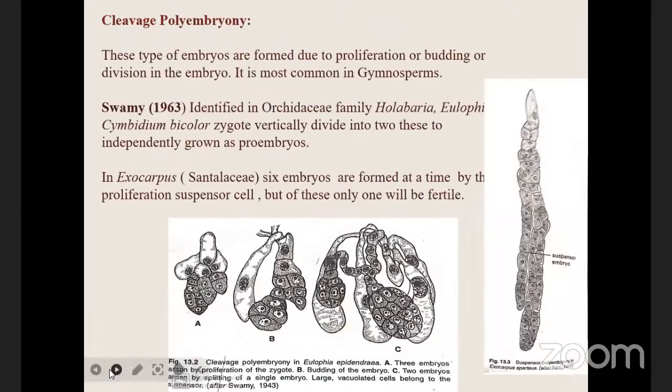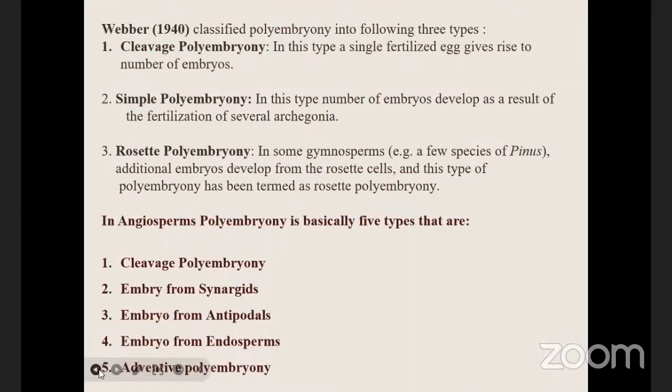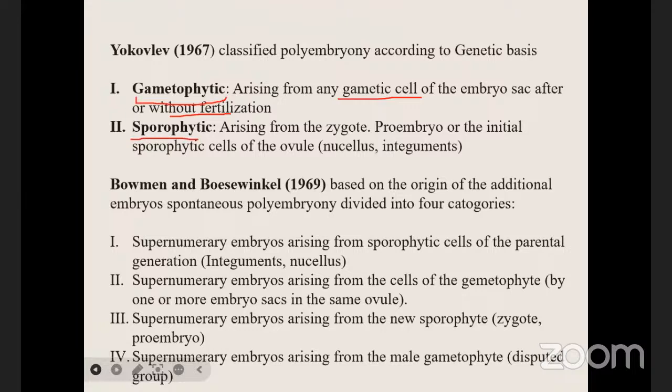If it is forming from these, that is gametophytic. And if it is arising from the zygote, sporophytic tissues, nucellus or integument within the embryo sac, that is sporophytic, that means from sporophytic tissues.